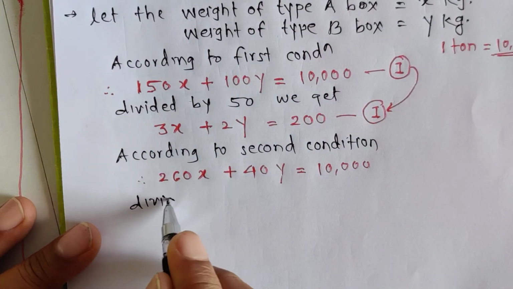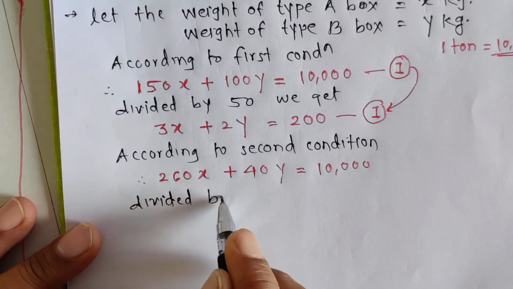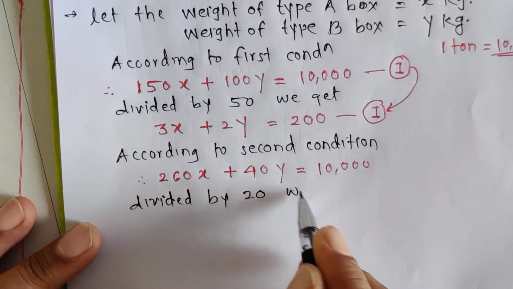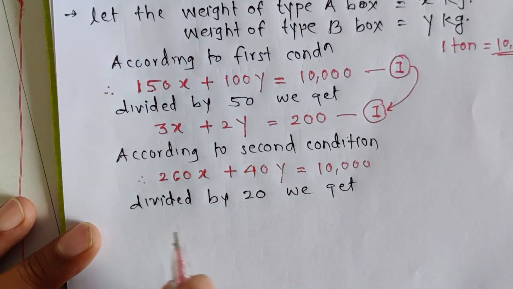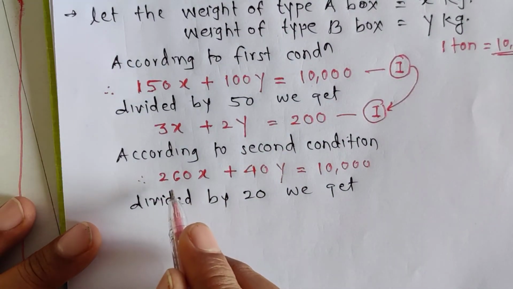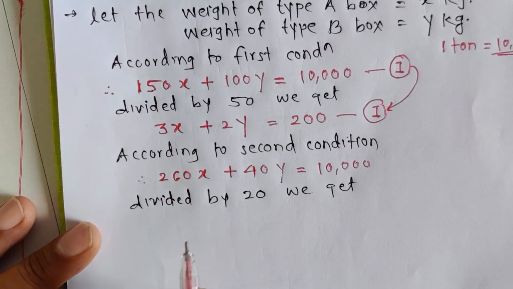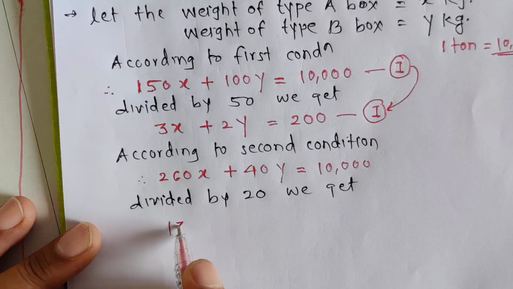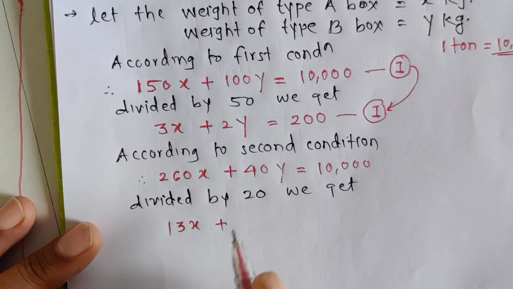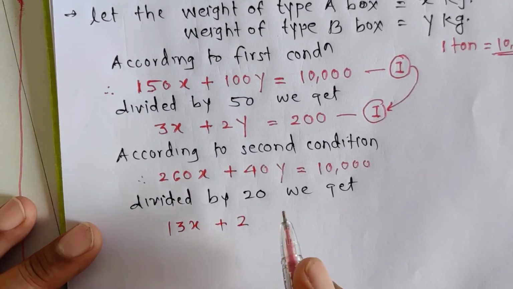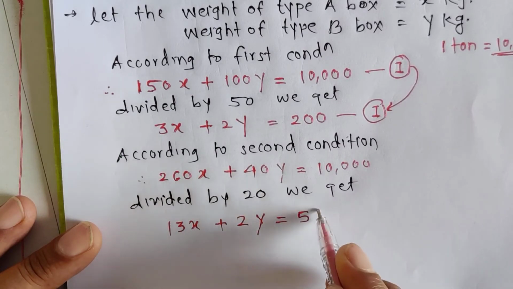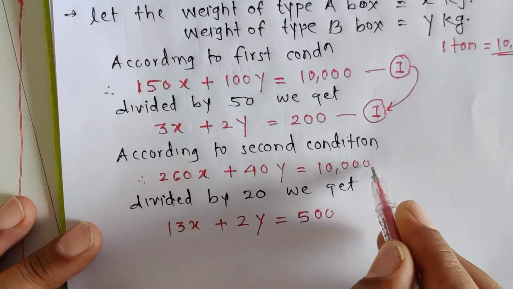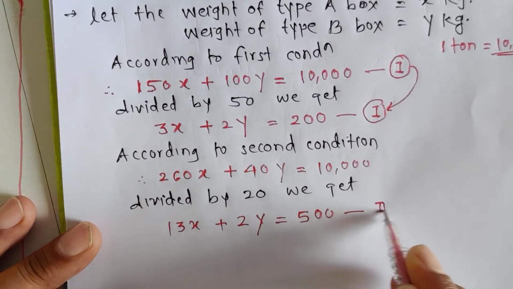Divide this equation and simplify. Divided by 20, we get 13x plus 2y is equal to 500, since 25 is 100 and 2 zeros. So this is our second equation.